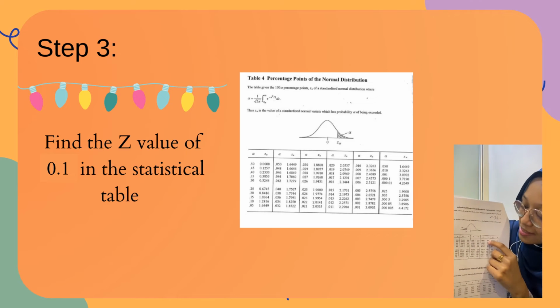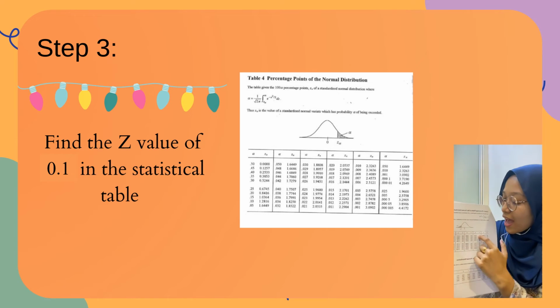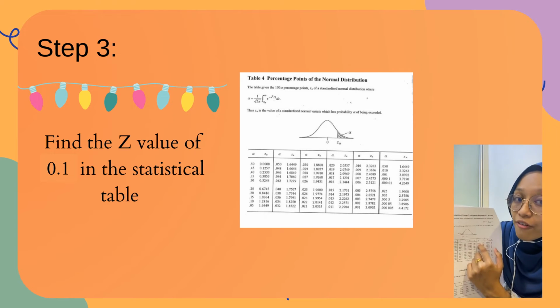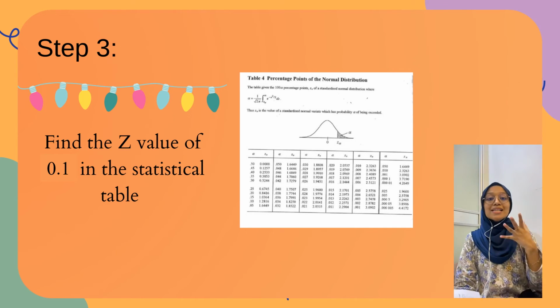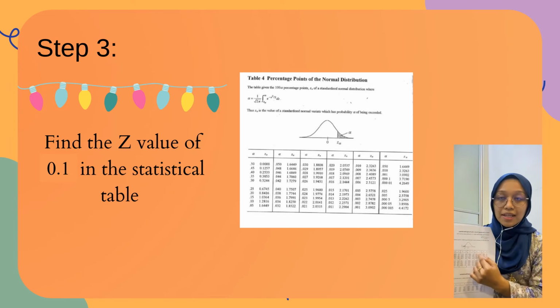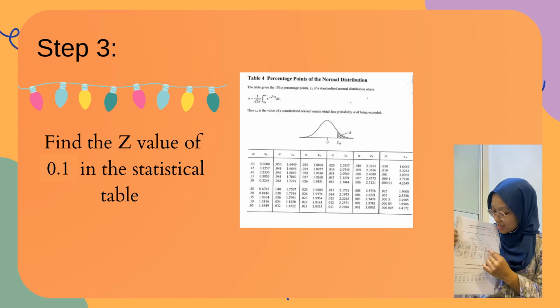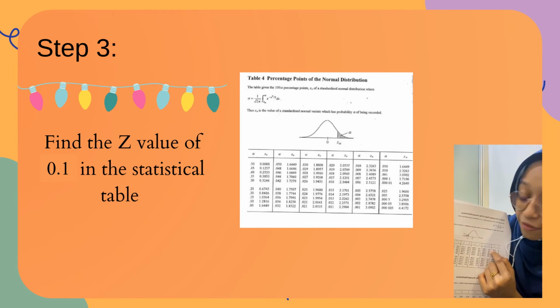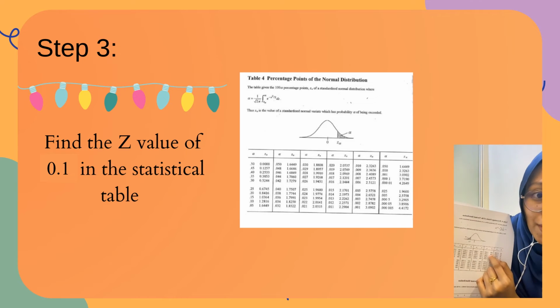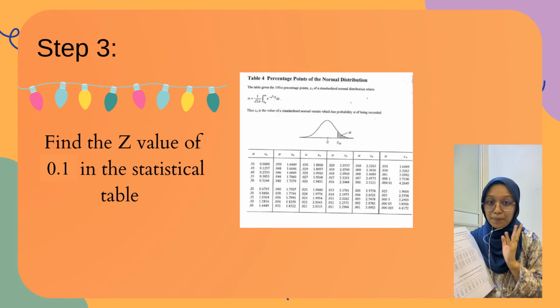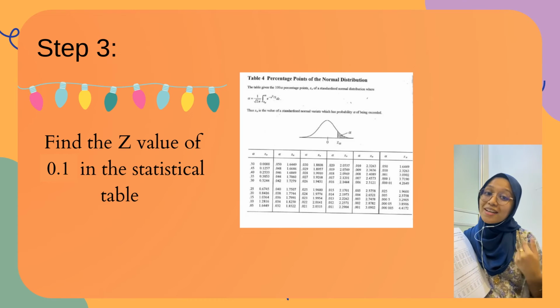I got this 0.05 and I got the Z alpha, which is 1.6449. Just please be alert because of the similar decimal, 0.048. Be alert with the first and second decimal point. So we move to the next step.